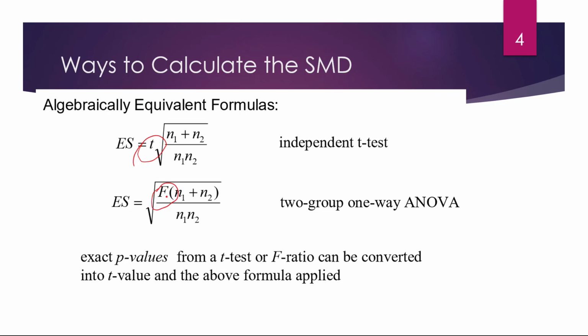If you've got an F-test with two groups, that's important. You cannot use this for three group comparisons or four groups, whatever. It's only for the two group. Okay? And we can convert exact p-values from t-test or F ratios in order to convert into those things and then use the above equations.